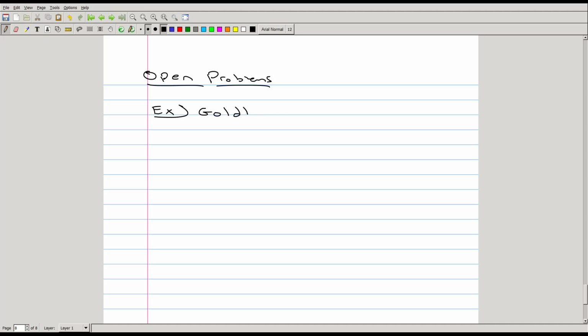Goldbach's conjecture was conjectured by Christian Goldbach in 1742, which he posed in a letter to Leonhard Euler. And he conjectured that every odd integer is the sum of 3 primes. I should say every odd integer greater than 5.